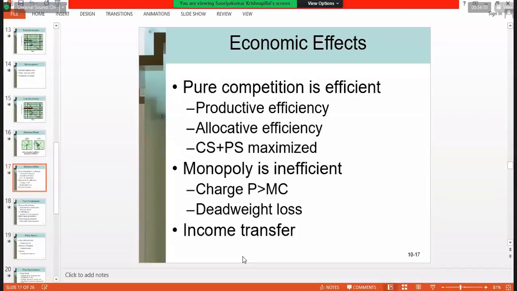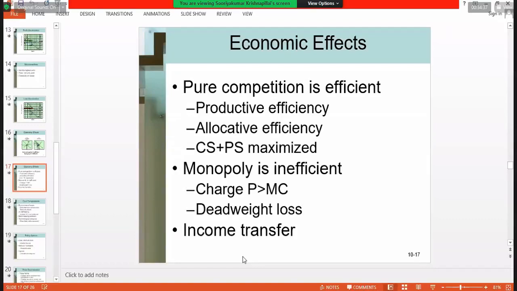This is because they are selling at the higher price. In a competitive market, price is low, but because of monopoly, he sells at a higher price. So the monopoly transfers income from consumers to the shareholders.